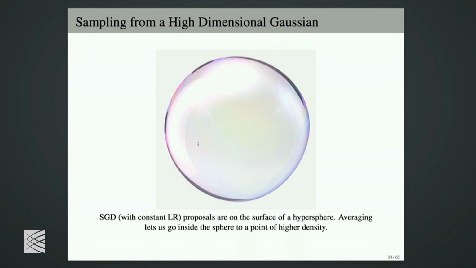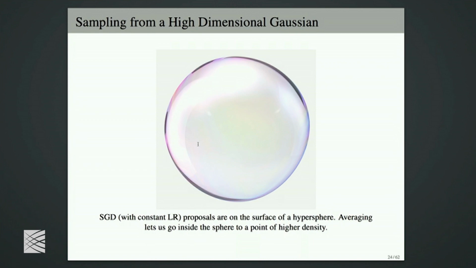This is from a blog post by Ferenc Huszár. This will be out at radius root d. It's a fun exercise: if you sample from a Gaussian distribution and visualize the norms of the samples, as you increase the dimension, eventually all of them will be concentrated at root d.